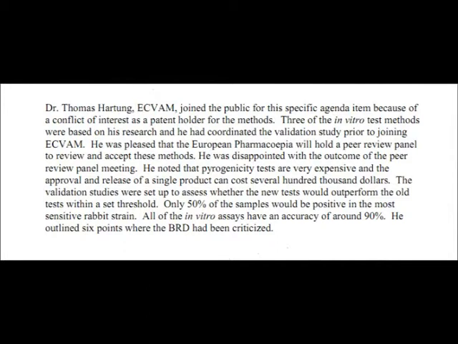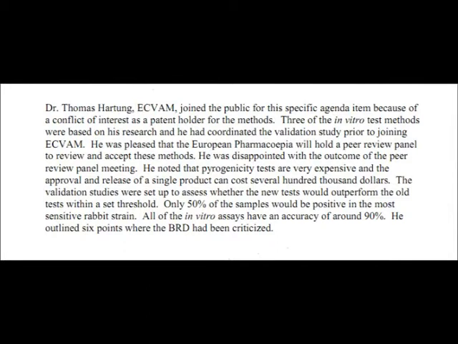background review document. So here we have a scientist saying that the rabbit test, even the most sensitive rabbit strain tests, are only 50% accurate, whereas the in vitro assays, the 5 in vitro assays that Dr. Hartung has brought over from Europe to America so they can ascertain whether they would be useful themselves, he says that they have a 90% accuracy rate.